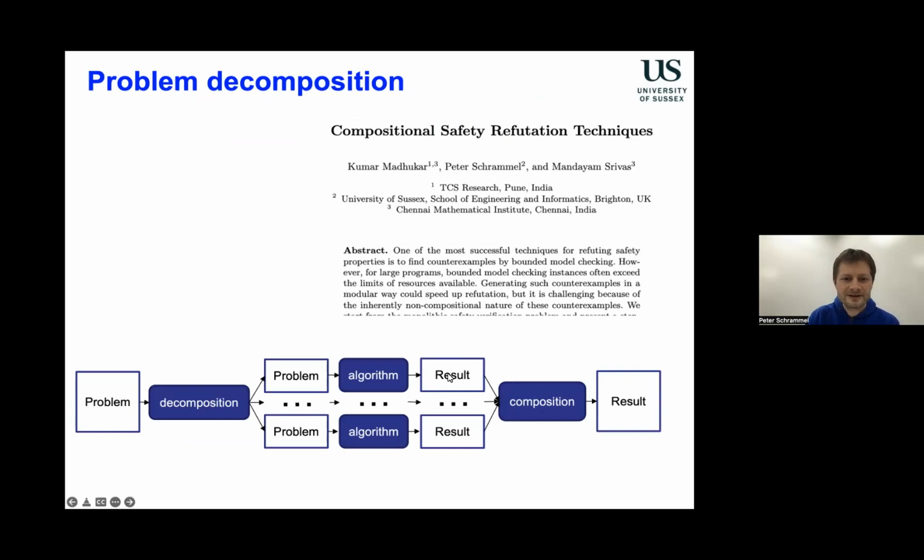The general scheme is: if you want to parallelize solving a problem, you need a pair of operators, a decomposition operator and a composition operator. You apply the decomposition operator to split it into subproblems, then apply your algorithm that performs verification, refutation, whatever, and then use the composition operator to assemble the results into the final result. And of course, you can apply this scheme recursively, also inside the algorithm.